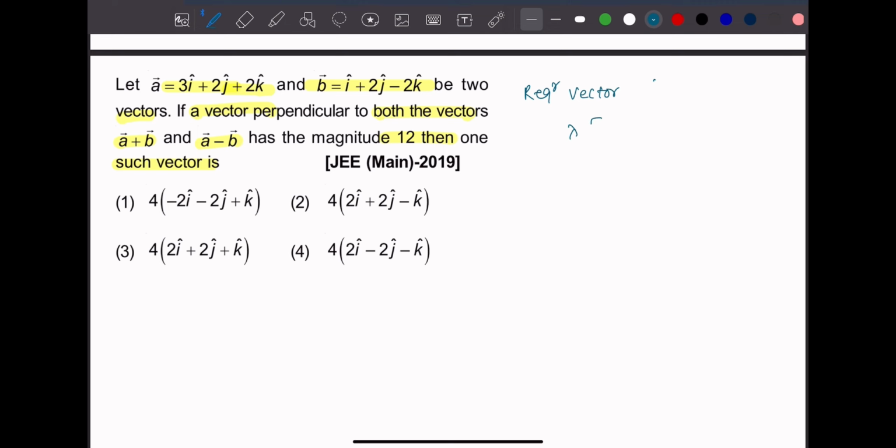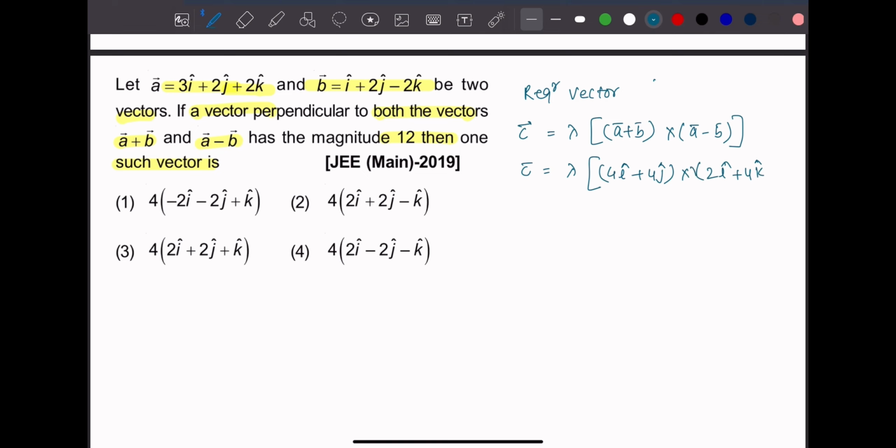So that concept we will use here, which means our required vector is lambda times a vector plus b vector cross with a vector minus b vector. Given that the magnitude of this one is 12, so that we will find. So c vector we are getting lambda times a vector plus b vector is 4 i cap plus 4 j cap, cross with a minus b, which is 2 i cap plus 4 k cap.